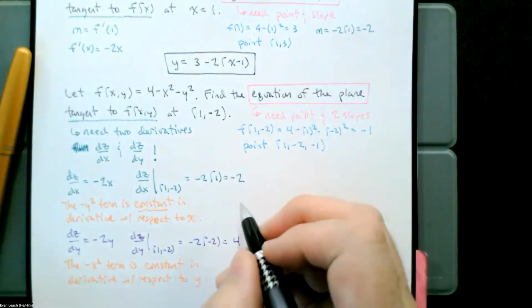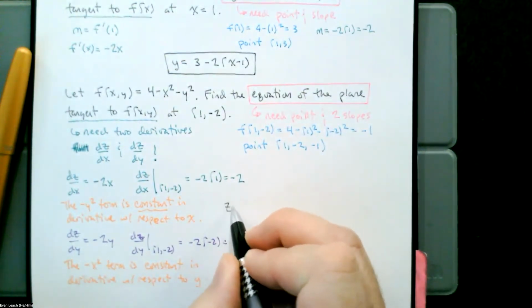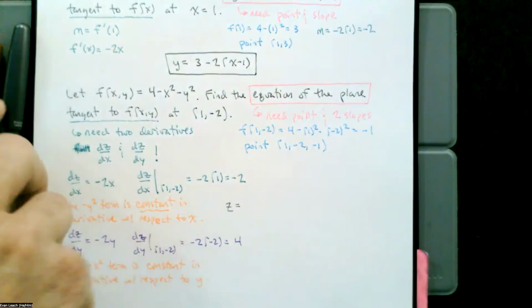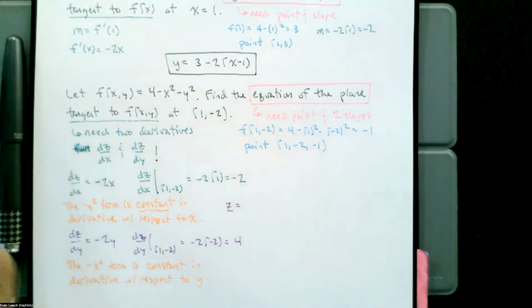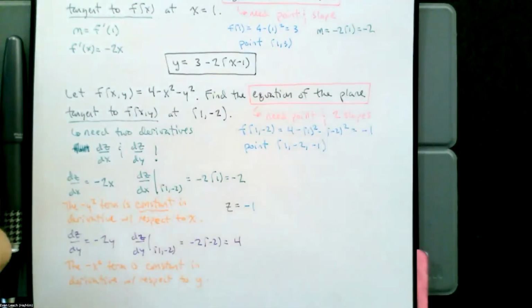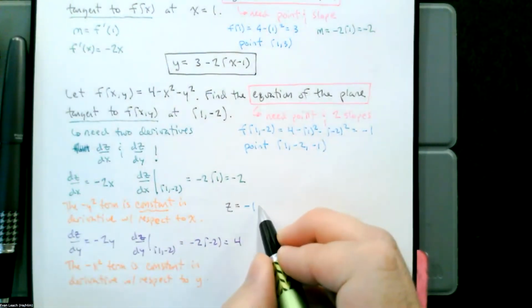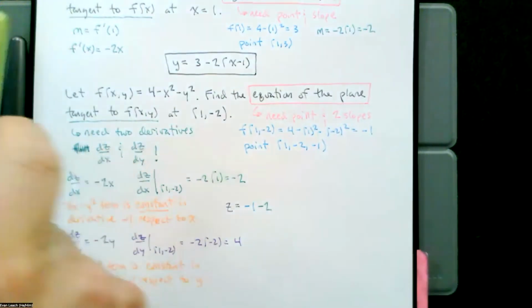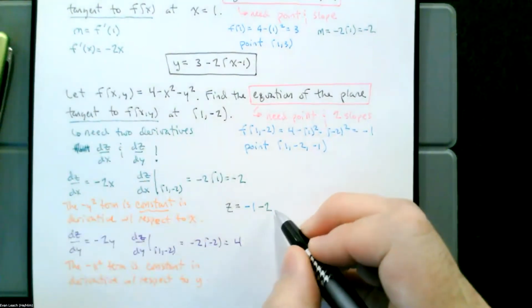So let's build our equation. So z starts off at -1. Of course, z starts off at -1. And the dz dx is -2 times x minus x naught.